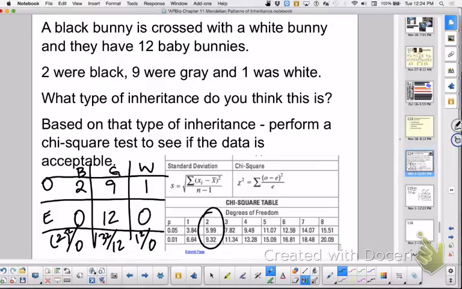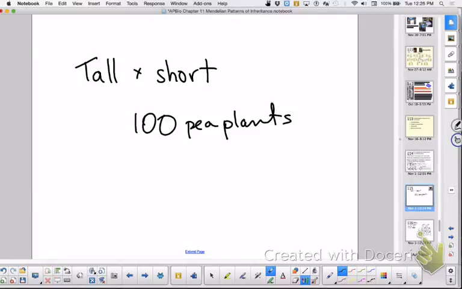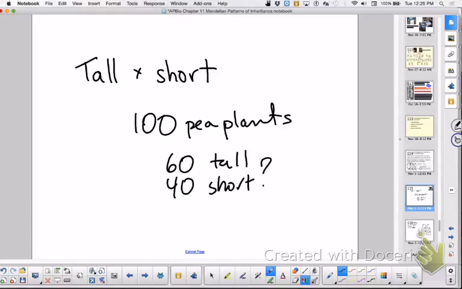If I crossed a tall pea plant with a short pea plant, and let's say I had 100 pea plants come out from that, and 60 were tall and 40 were short, is this okay? How would we go about setting this one up? What do you think the genotypes of the parents are?